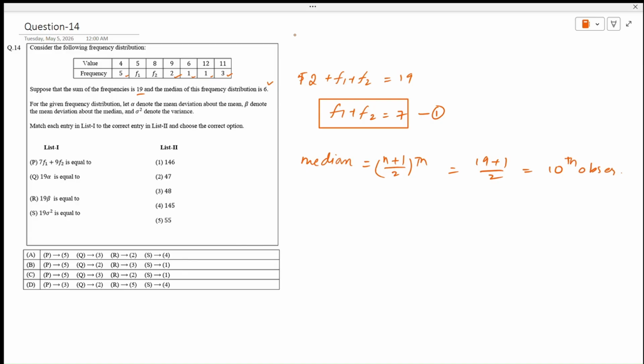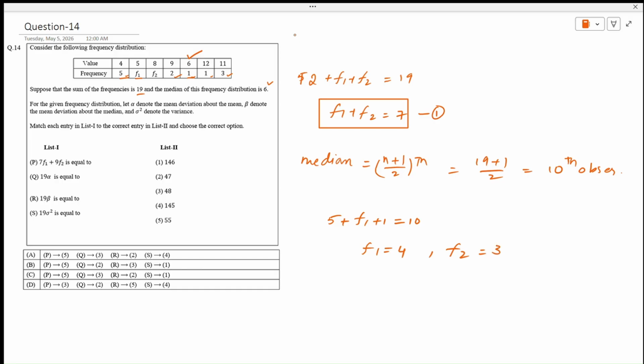And clearly, it is given 6 as the median. So 5 plus F1 plus 1 should be 10. F1 plus 1 should be equal to 10. So F1 equals 4 and F2 becomes automatically 3.